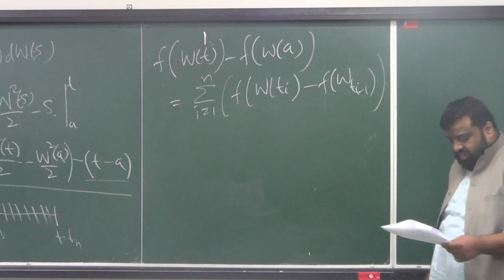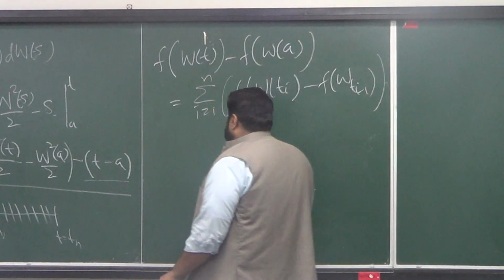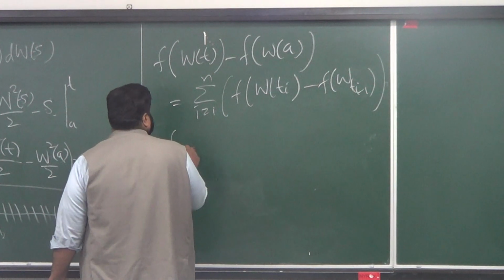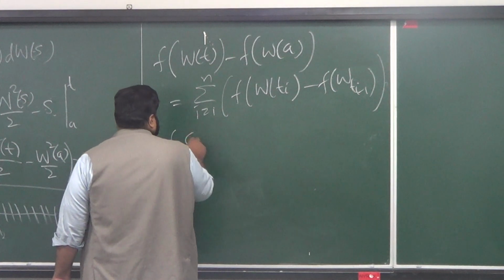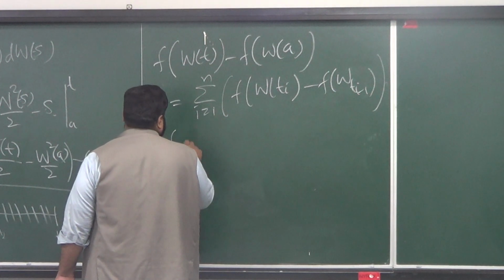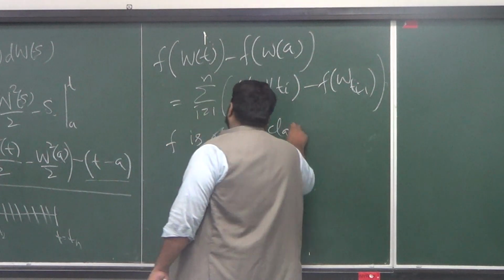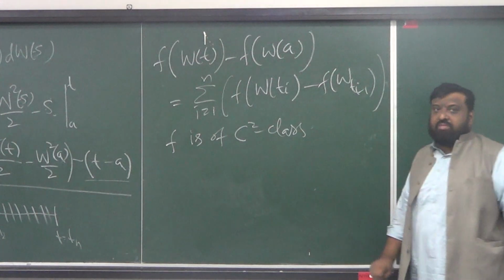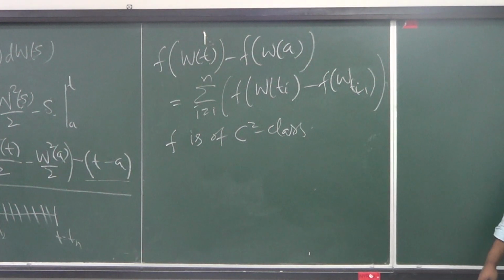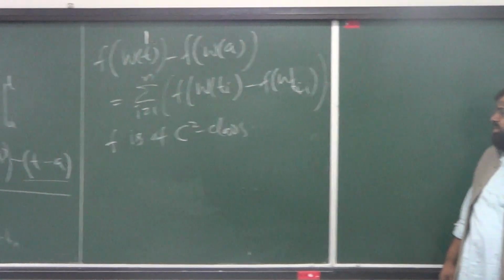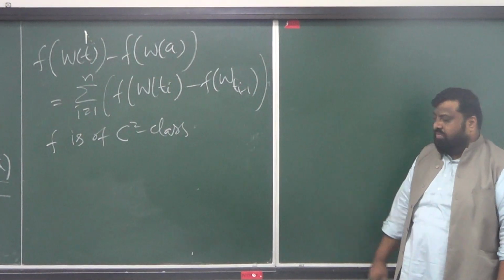Let's assume that f is of C2 class, that is, two times differentiable. If we assume that f is twice differentiable, then what result do we get?